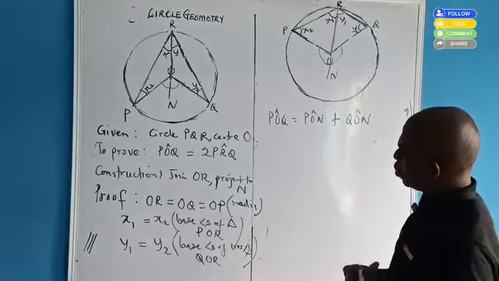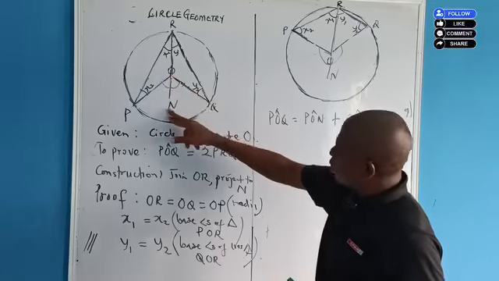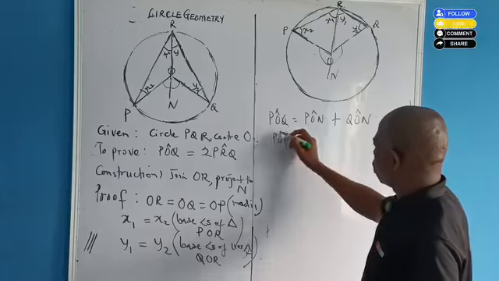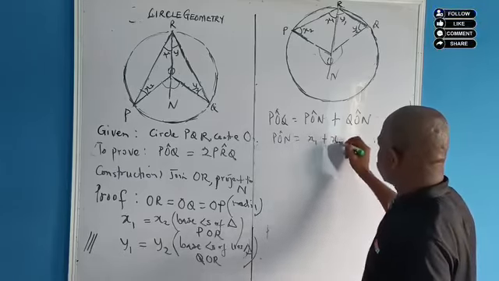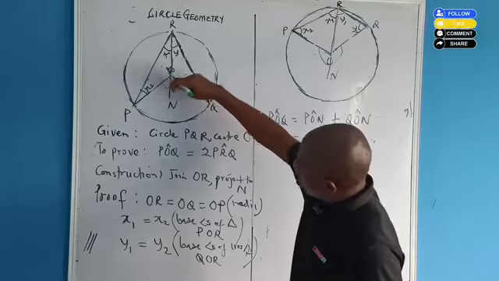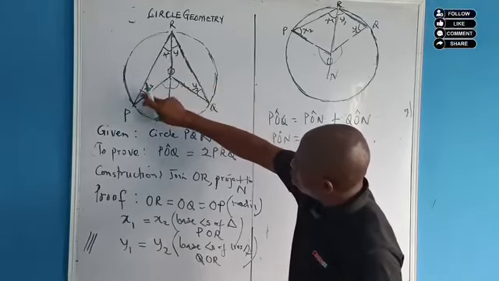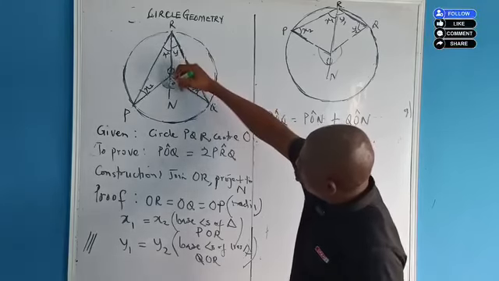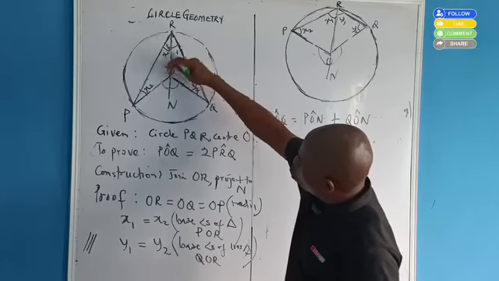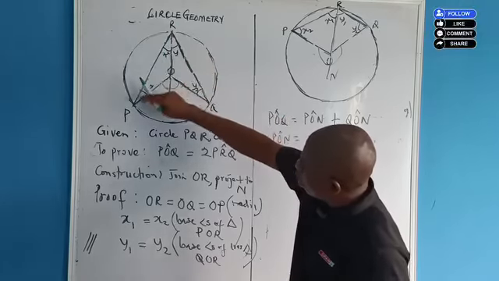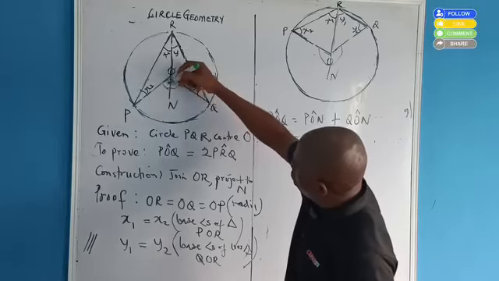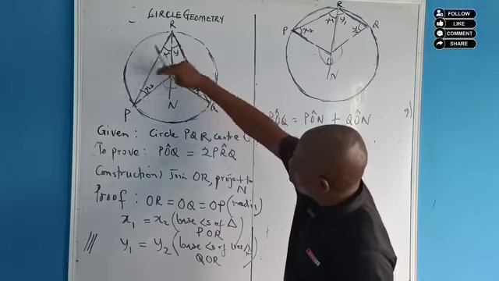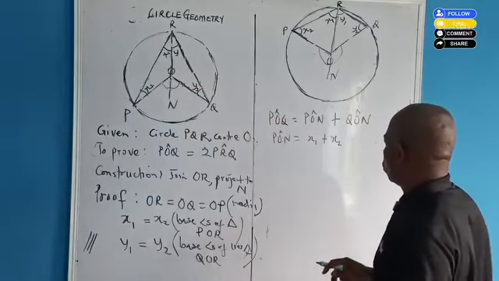Now, PON is equal to x1 plus x2. This angle here, PON, is equal to this plus this. The reason is that there's a theorem that says that the exterior angle of a triangle is equal to the sum of the opposite interior angles. For triangle POR, PON is exterior to it and is the sum of the opposite interior angles of that triangle.